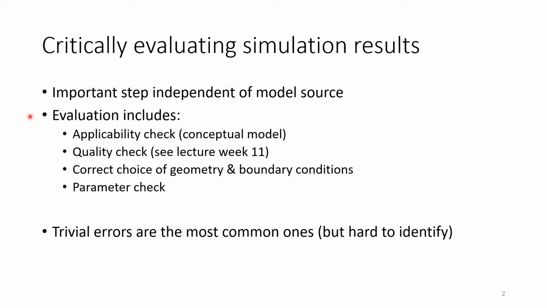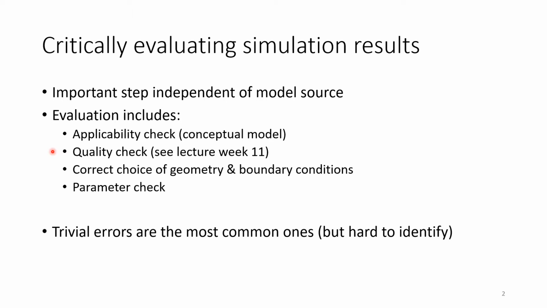In the last video, I talked about the quality of simulation, and we discussed how you can see that in terms of the properties of a numerical simulation: boundedness, consistency, and so on.